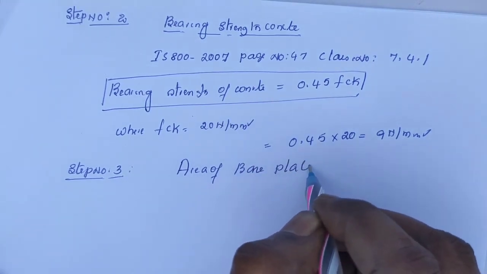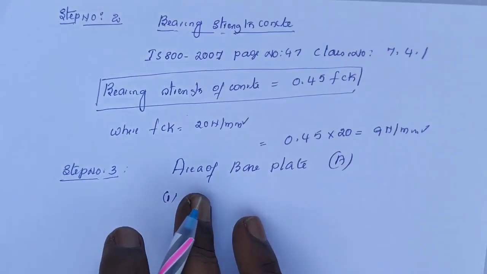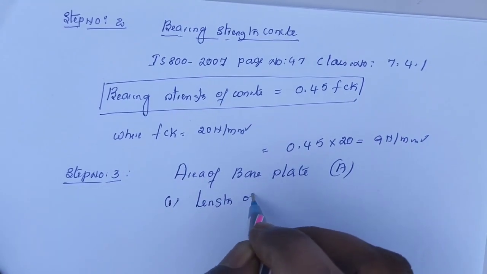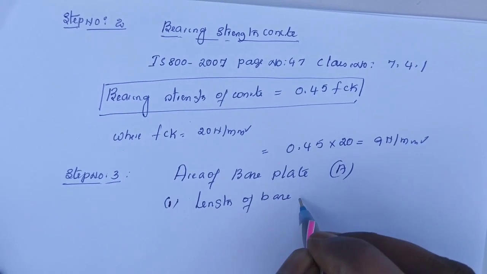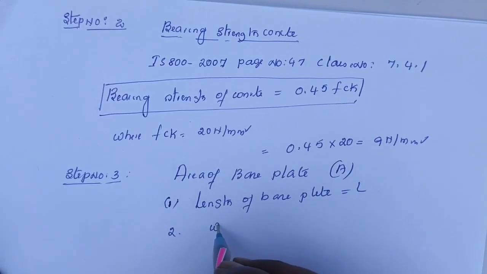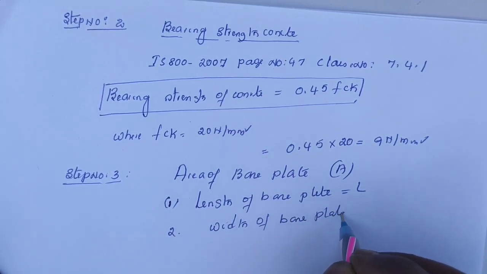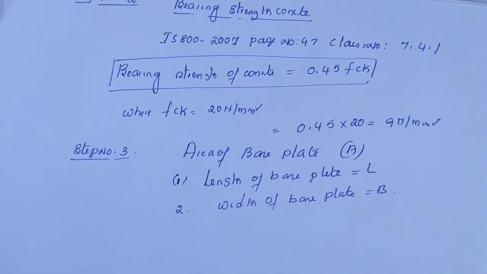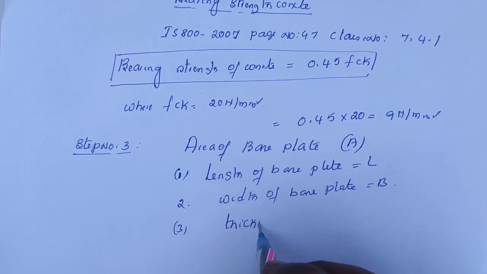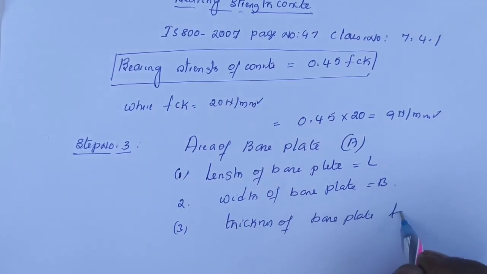Therefore, one is the length of the base plate, L; two is the width of the base plate, B; three is the thickness of the base plate, TS.